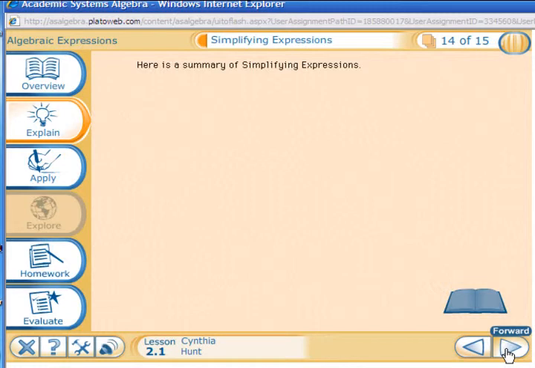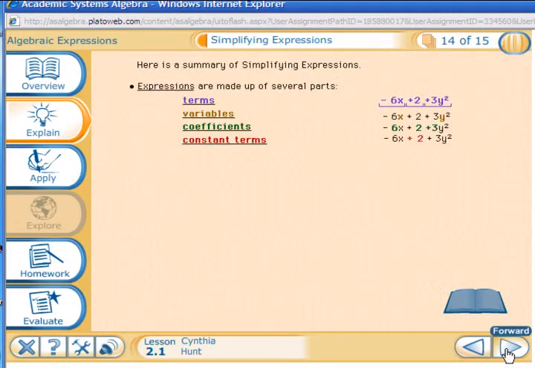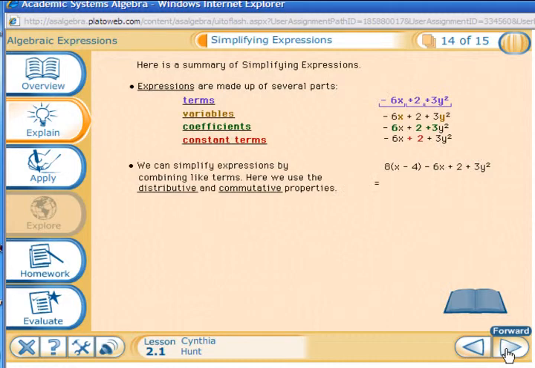Here is a summary of simplifying expressions. Expressions are made up of several parts: terms, variables, coefficients, constant terms. We can simplify expressions by combining like terms. Here we use the distributive and commutative properties.